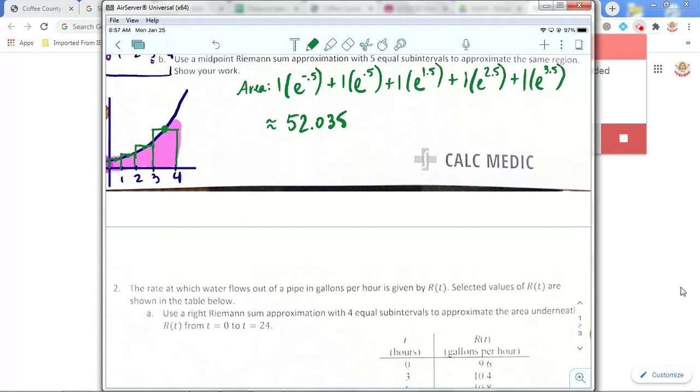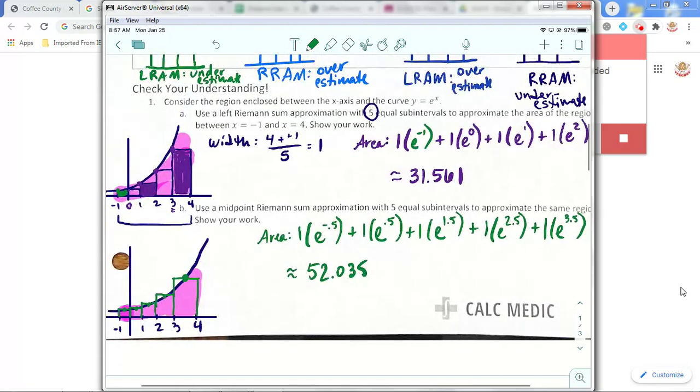On some of your assignment, the first 3, that's what you're going to do. I would just do a little graph and figure out my width using this. I would go ahead and draw my rectangles and then do the area, the width times the height of every rectangle.